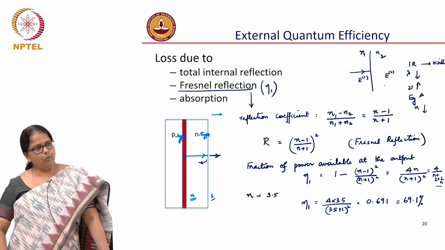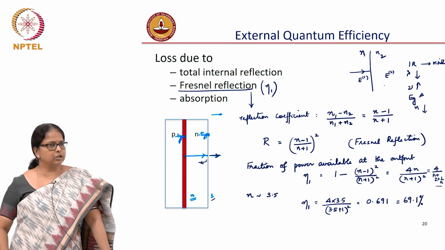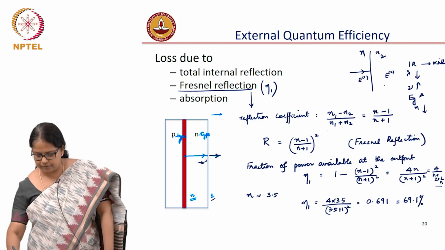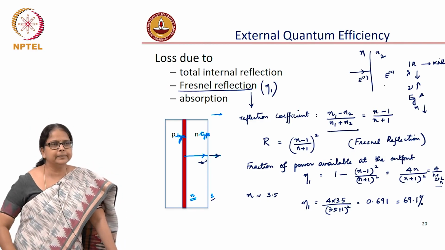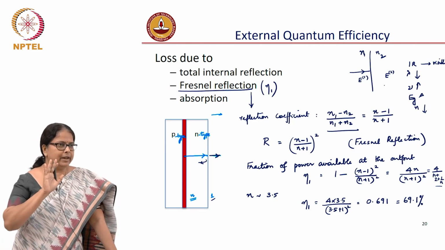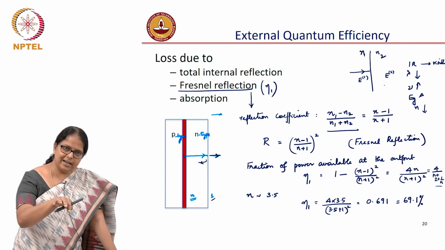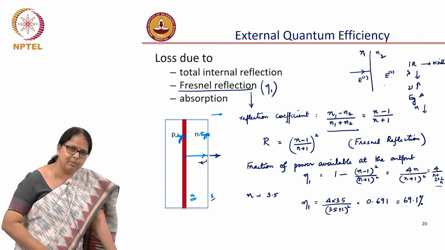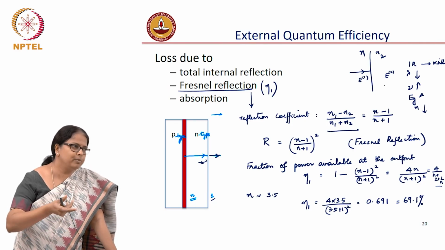Alright, but that is only one reason for loss of photons. And one more thing we have missed here is that this formula for reflection coefficient will work only for normal incidence. This is a case when the light wave is incident normal. If the wave is incident at an angle, this formula will get modified, and it will get modified for the two polarizations.